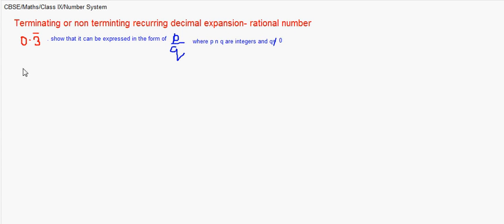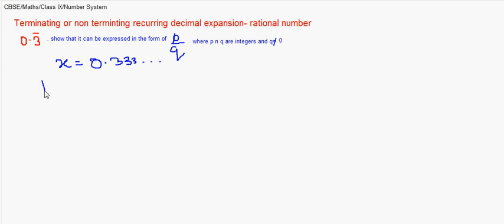We don't actually know how to represent 0.3 bar, so let us call x as 0.3 bar, which is 0.333 and so on. Now I multiply 10 to both the sides.